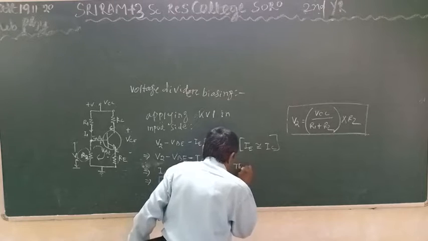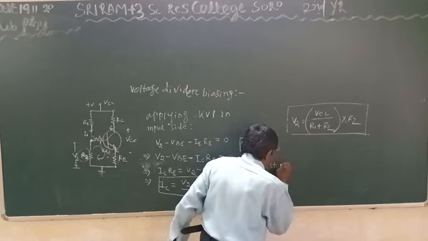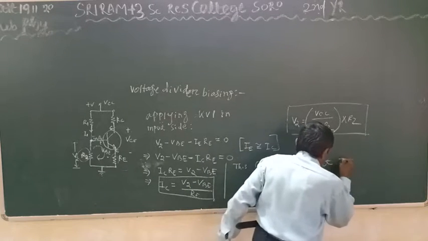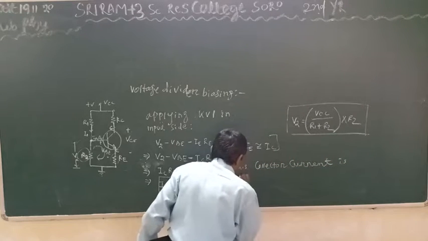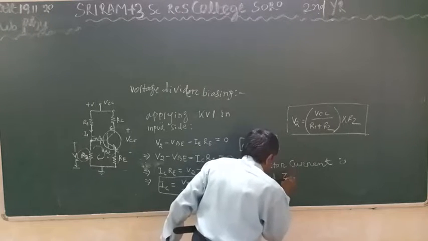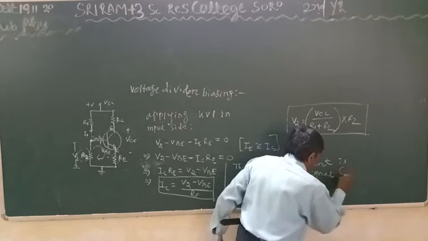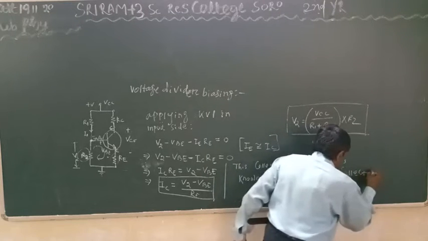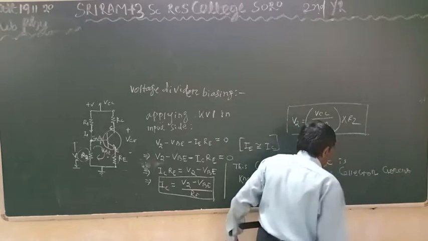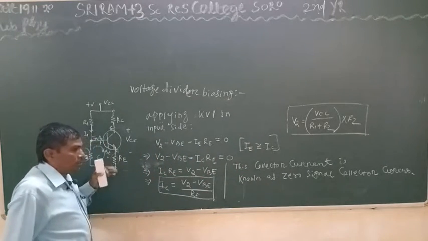Now this collector current is known as zero signal collector current.